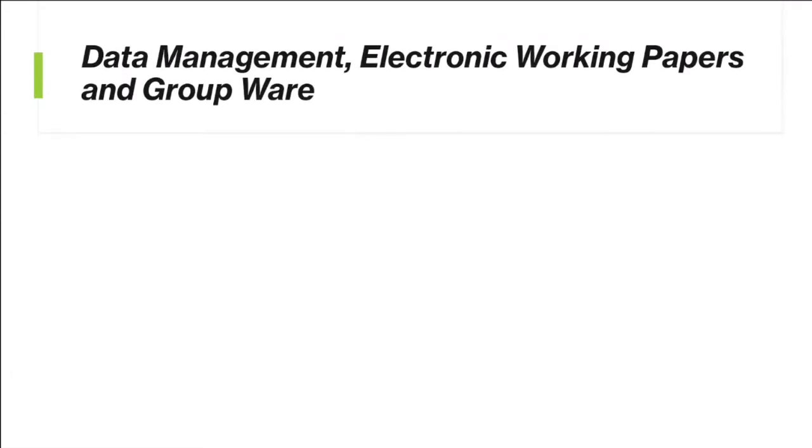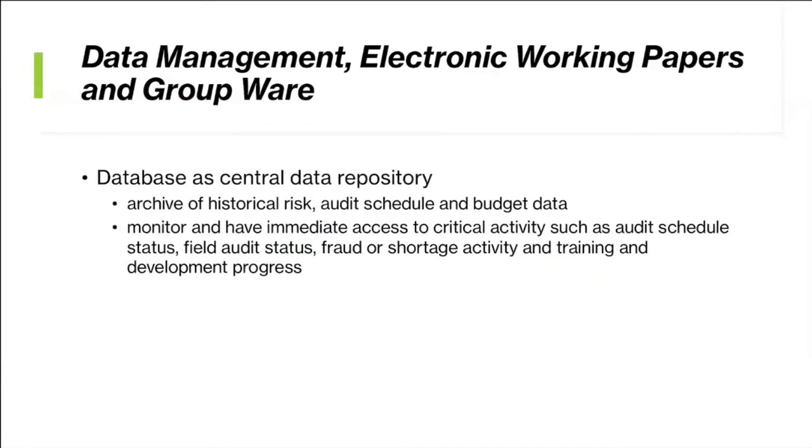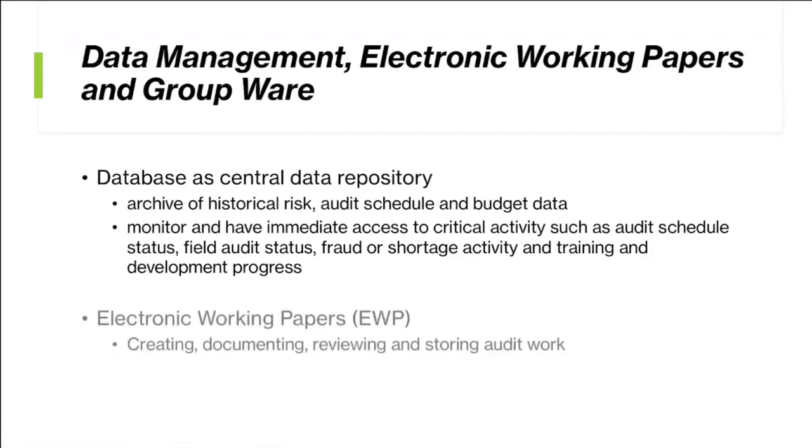Next, data management, electronic working papers, and groupware. So it serves as a database, a central repository, archive of historical risk, audit schedule, and budget data, to monitor and have immediate access to critical activities such as audit schedule, field audit status, fraud or shortage activity, and training and development progress.